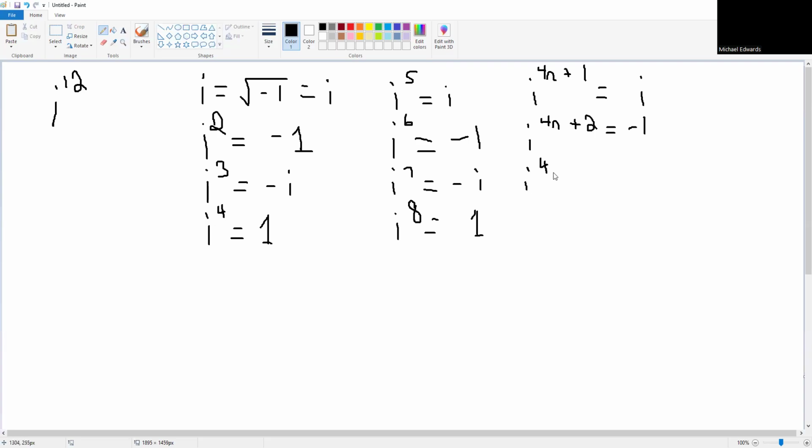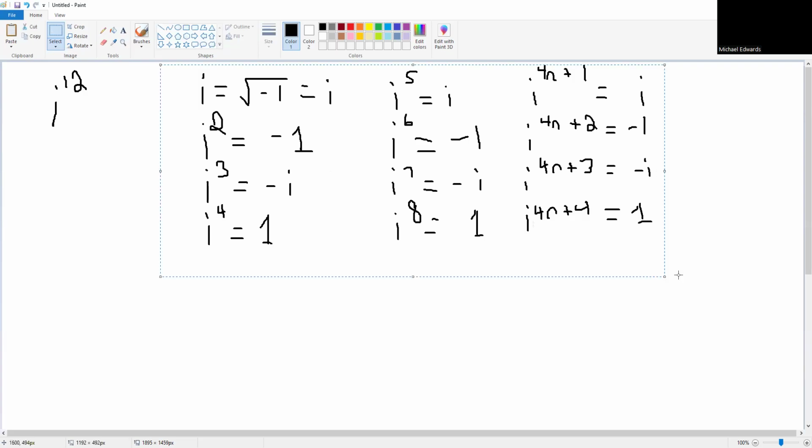So i to the 4n plus 3, you guessed it, -i, and then i to the 4n plus 4 equals, you guessed it, just 1. So how do you find these? What does this really mean? I'm going to copy this whole table because we're going to bring this back.